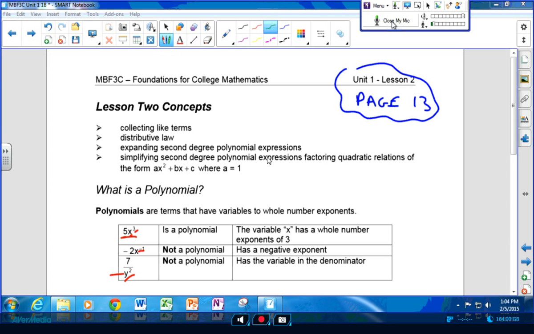Now, one of the things I want to talk about, sending in the key questions, I did mention yesterday. I encourage you to send in maybe one set of key questions to start, just so that you get an idea of how I'm marking and how things will go for you. And like you said, don't worry about perfection. Okay, I'm not looking for perfection. What I want to know is, did you learn the material?